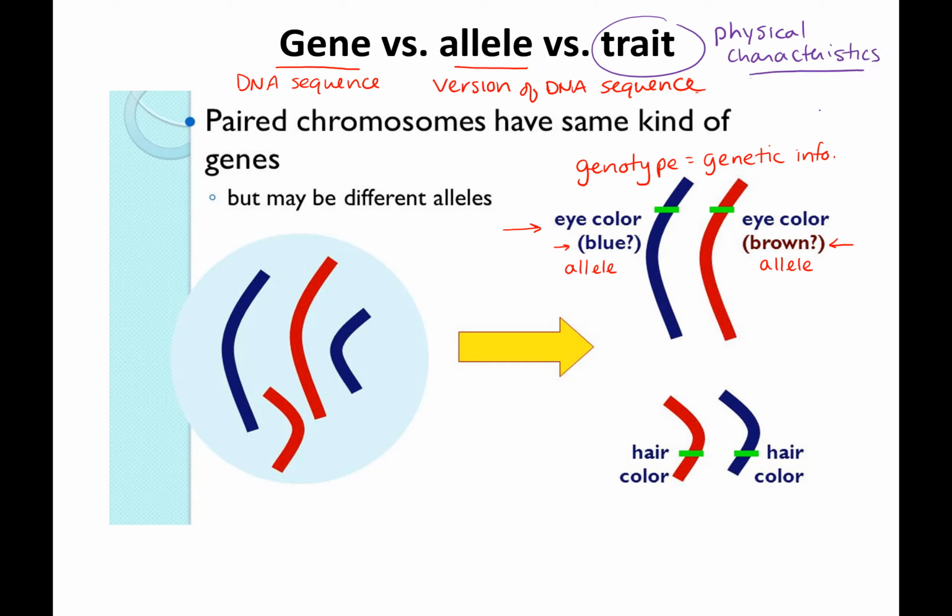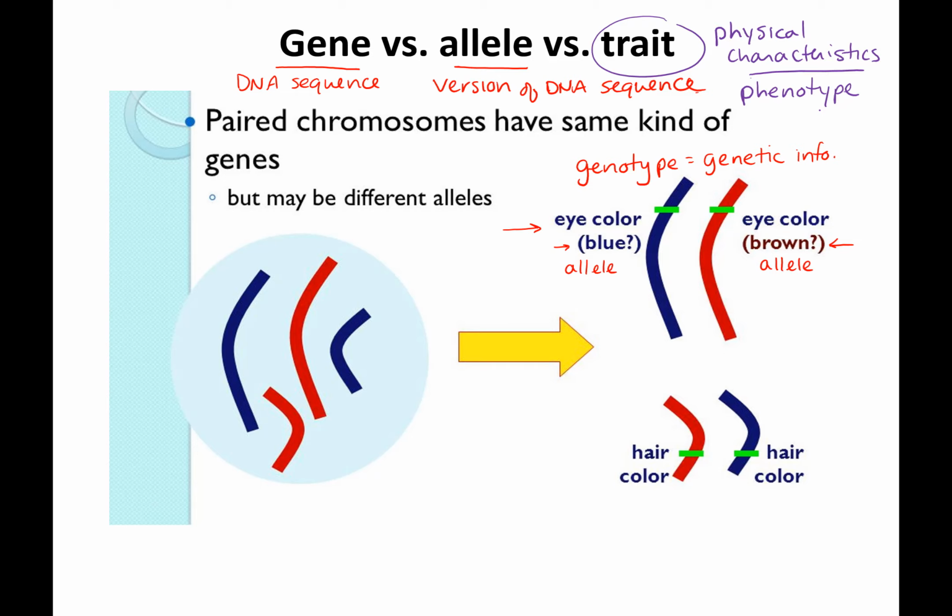So you might have the allele for blue and the allele for brown, but you may only see brown eyes. Your physical characteristics may be brown for eye color. And this is what we call your phenotype. So your phenotype describes what you see on an organism. The genotype is the genetic information that is creating that phenotype.